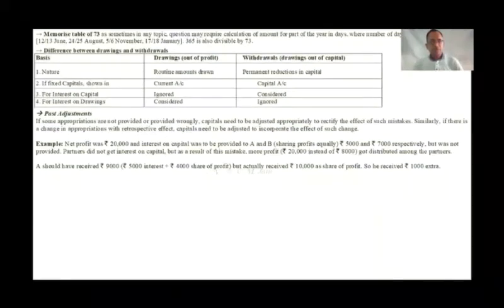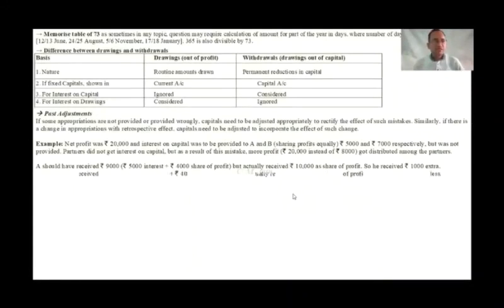But what has actually happened? Actually, he has received 10,000 as share of profit, half of 20,000 directly, no interest on capital. So overall, he was to receive 9,000 rupees, but has received rupees 10,000. So he has received rupees 1,000 extra.